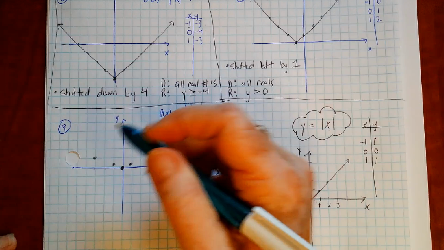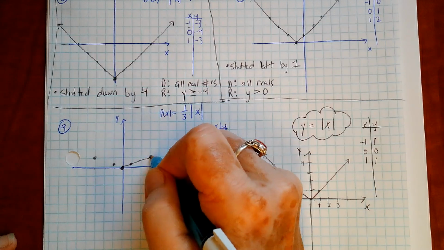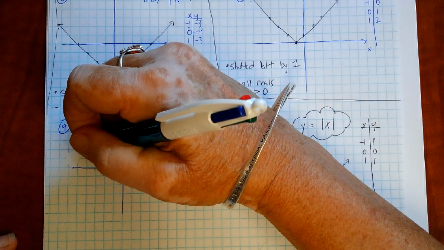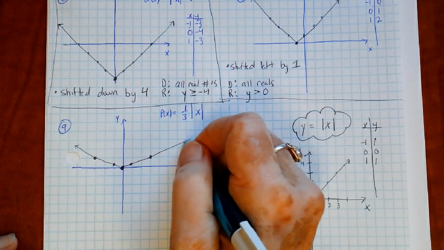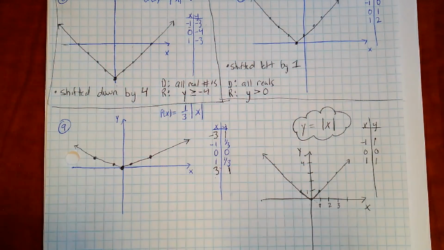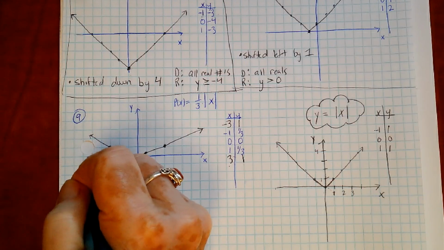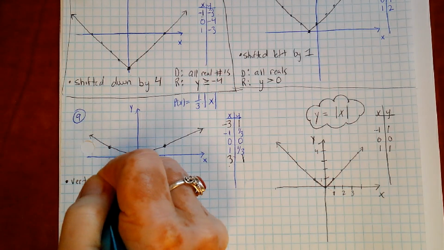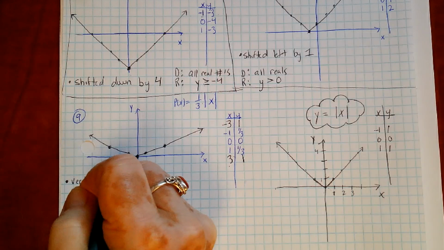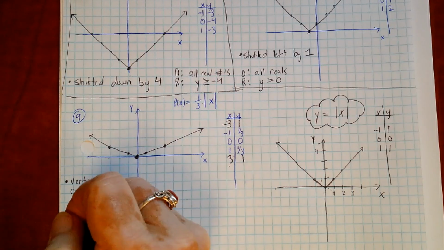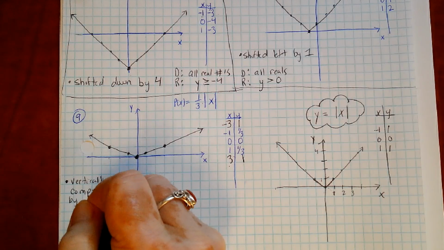So then you'll see, now at least I have some points on my graph, and you can see that my graph is vertically compressed from the parent graph.